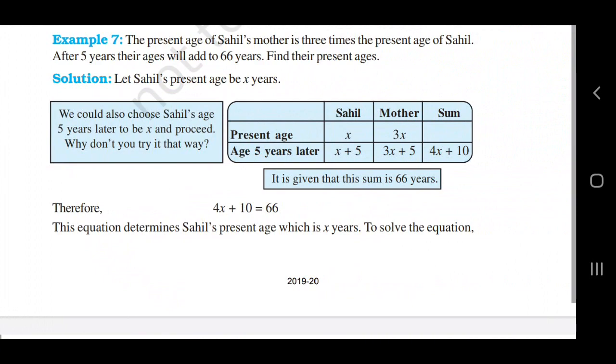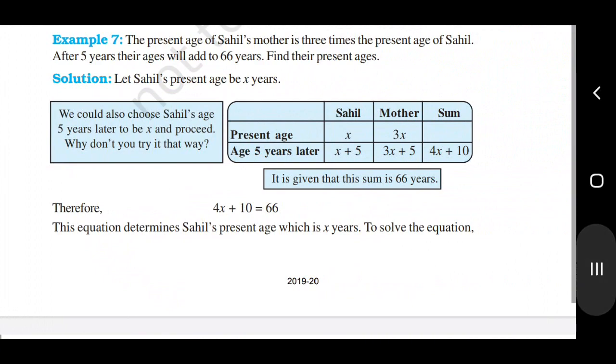Find their present ages. We don't know the present age of Sahil, but the condition given is Sahil's mother's age is 3 times Sahil's age. If Sahil's age is x, what will be mother's age? 3x. And after 5 years, their ages will add up to 66.